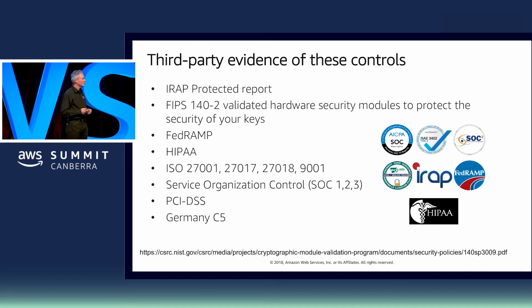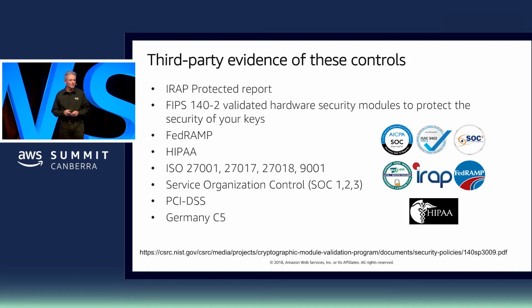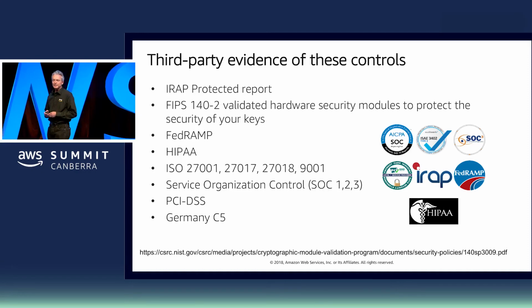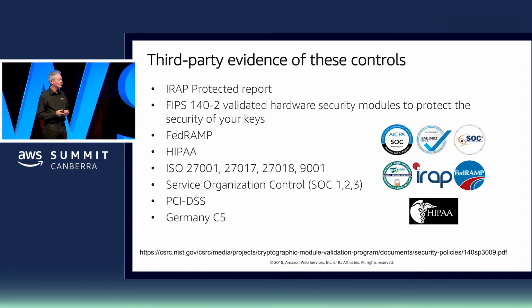But there's also a wealth of other literature you can drill down to in this space. FIPS, which is a US standard for encryption, actually goes through our hardware security module. That's another document you can download, which gives you a lot of detail of how KMS is constructed.